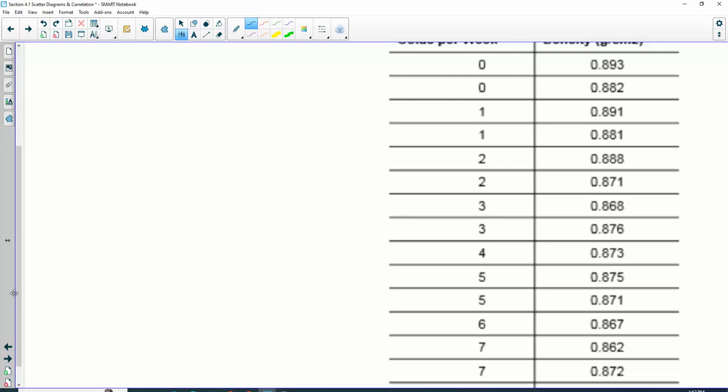Alright, and then once you have it entered, where do you go to get your correlation coefficient? Stat calc. What'd you get for your R? Negative 0.8056.